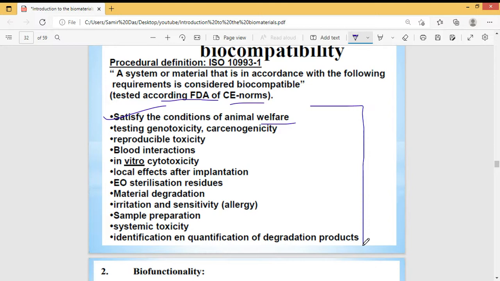Because whenever we go through any kind of manufacturing process, after that it should be FDA approved, or we should require ISO certification. So we have to keep those things in mind.